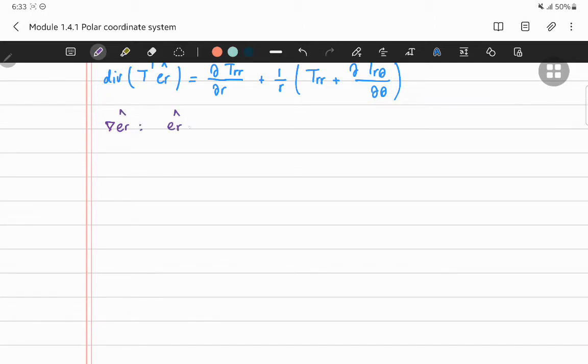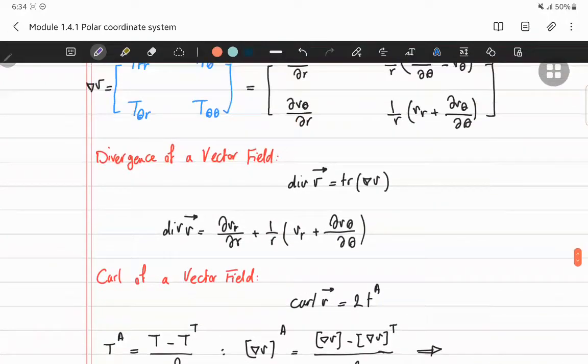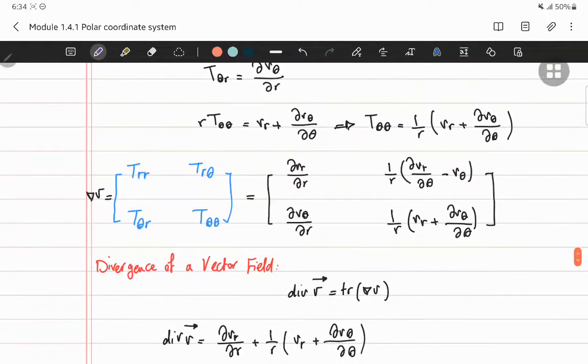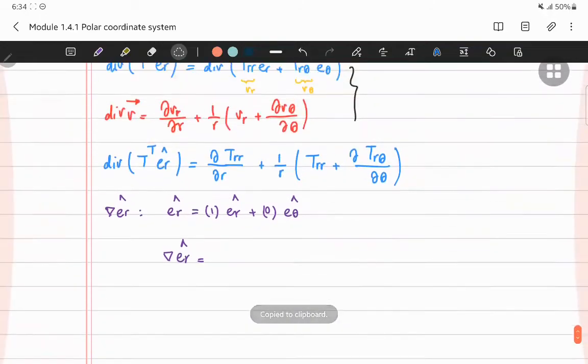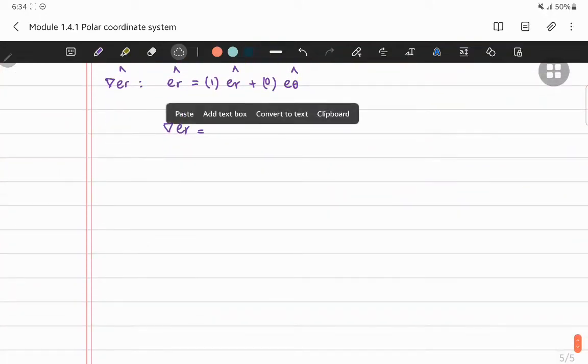We know that e_r is basically 1 e_r plus 0 e_θ. Therefore, if we want to know del e_r, if you remember, it was del V. Okay, it's here. So this is del V. If we copy this, let's just paste it here.